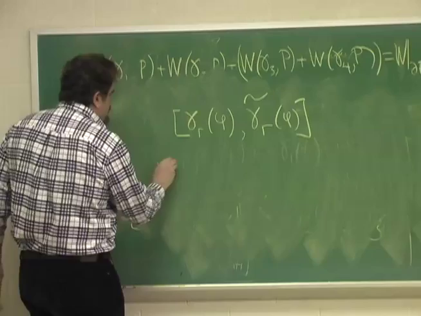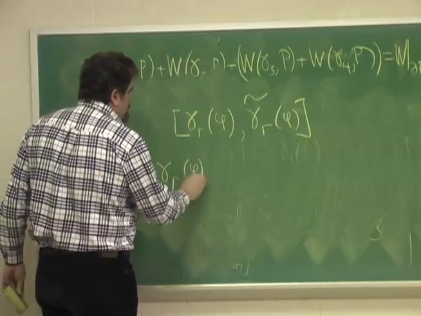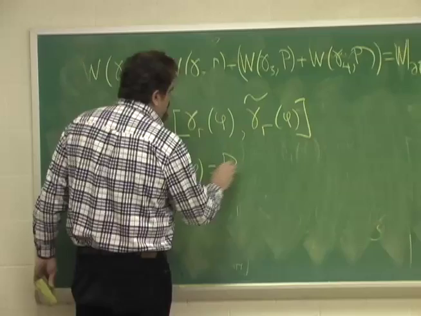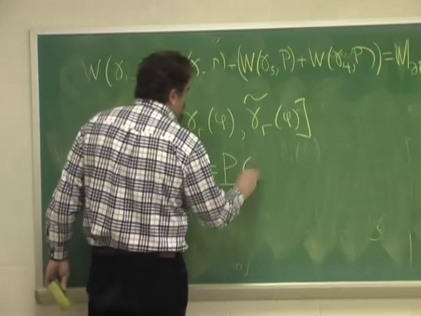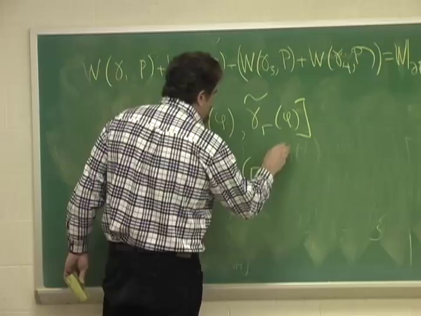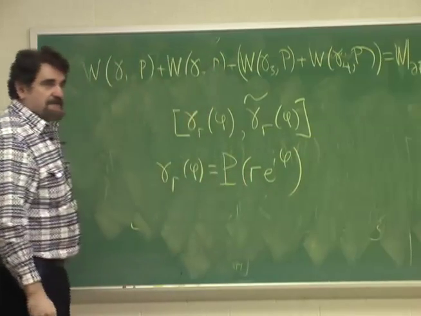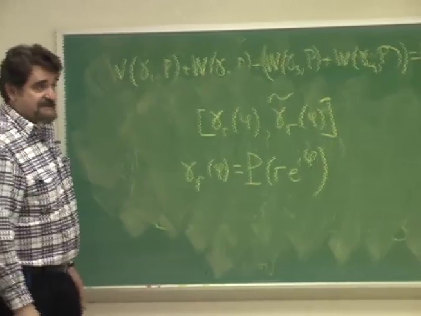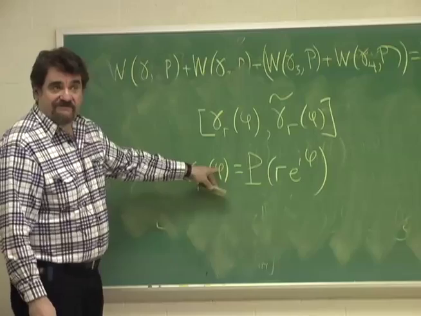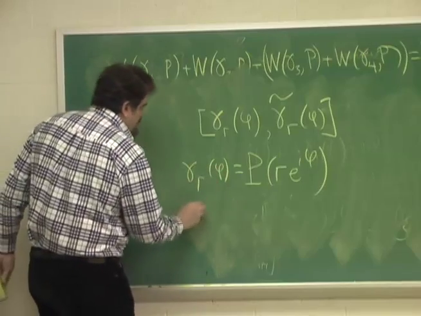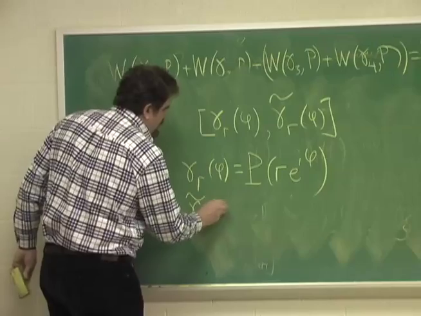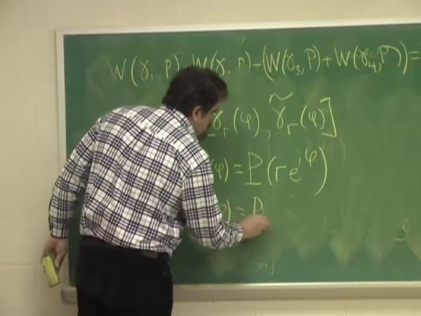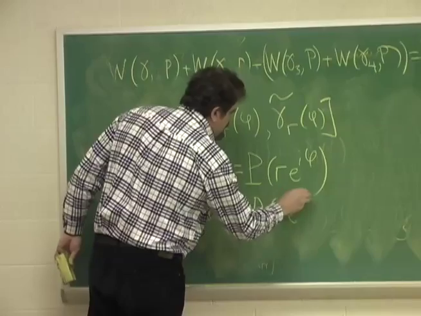What is gamma r of phi? It is the polynomial of r e to the i phi, isn't it? The position, my position at the moment phi. What is gamma r tilde of phi? It is p naught of r e to the i phi.